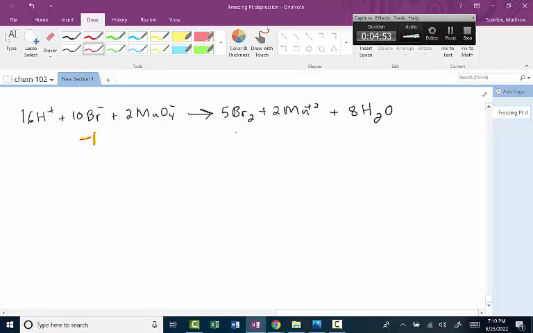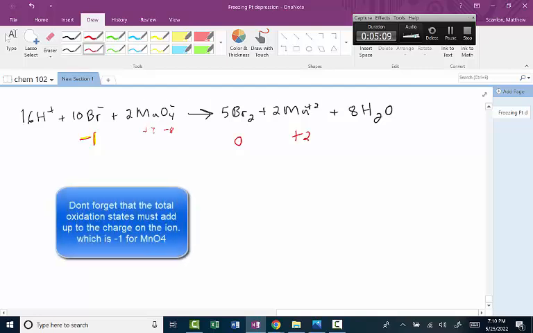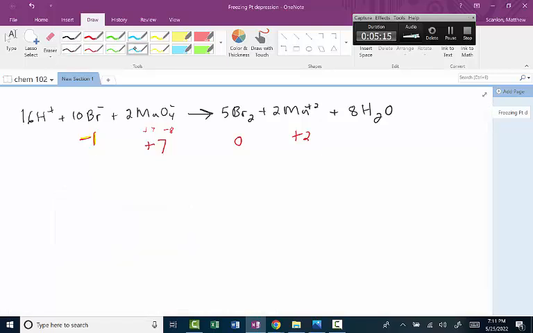And on this side, it's an element, and it's 0. And then I'll check the Mn. Mn is +2 over here. And let's see, oxygen is -2, so there's 4 of them. That's -8 total. That's -1, so this must be +7. Manganese is +7.